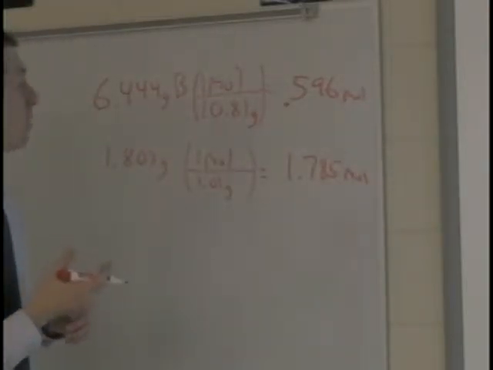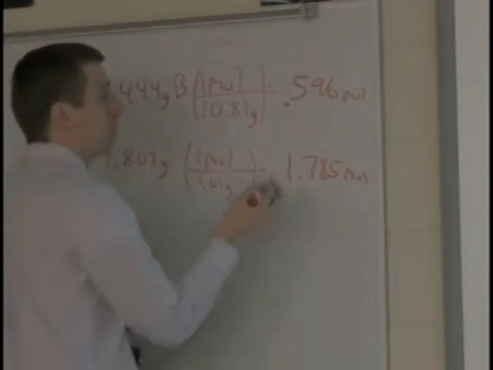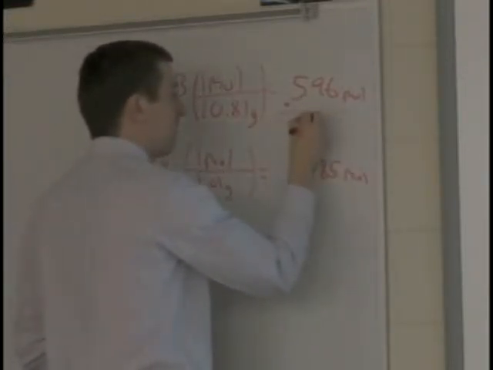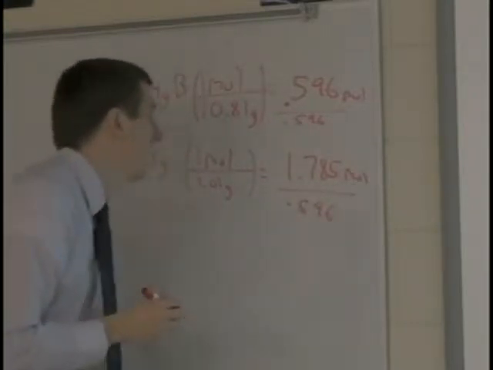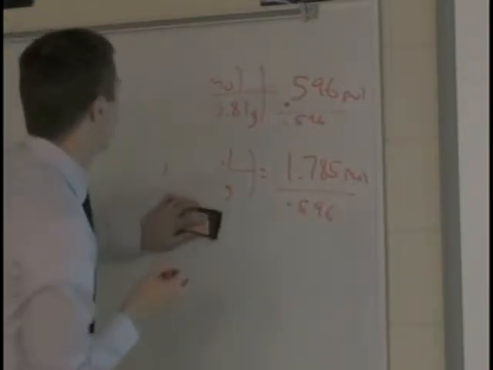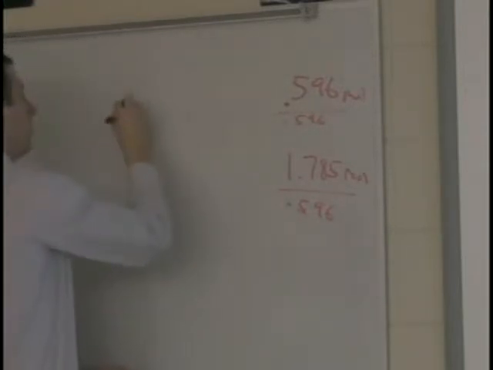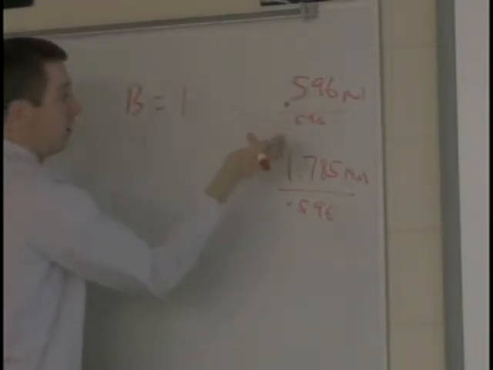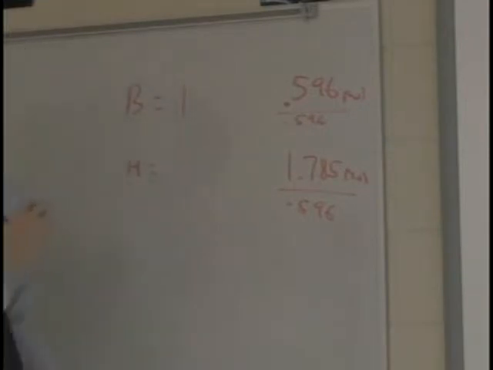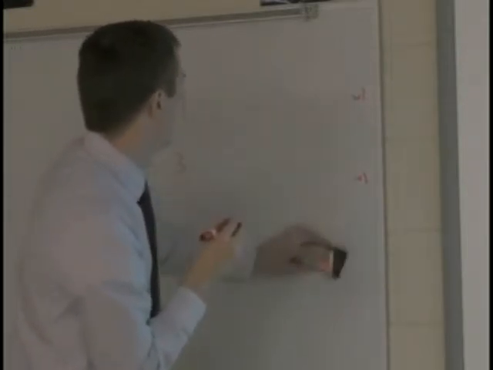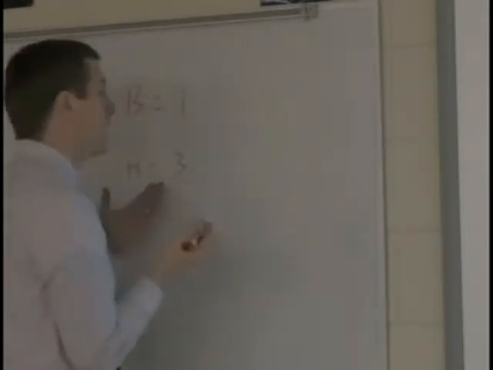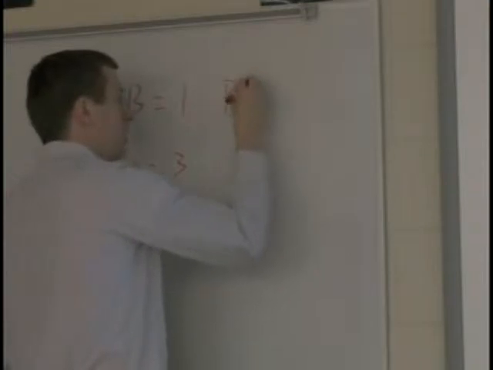So the next step we would do is divide by the smaller number of moles, in this case by 0.596. If I do that, my boron moles is now 1. My hydrogen moles is now going to be 3. So initially, that tells me the formula of this compound would be BH3.